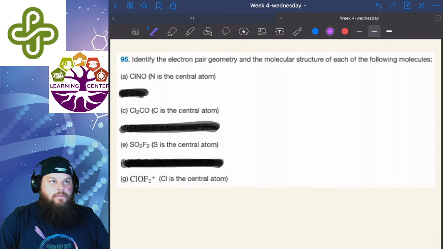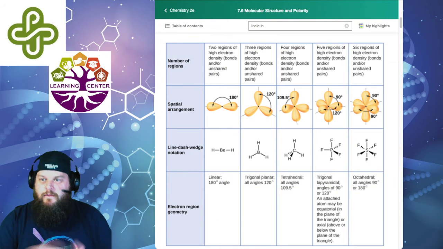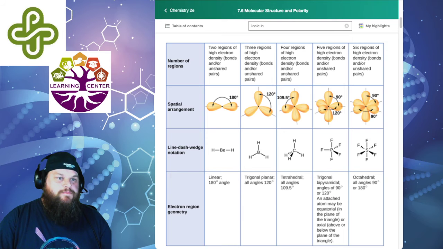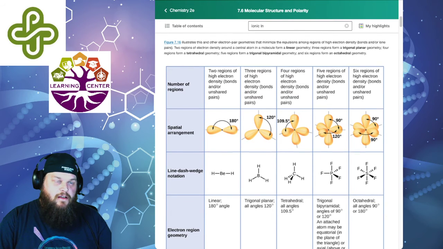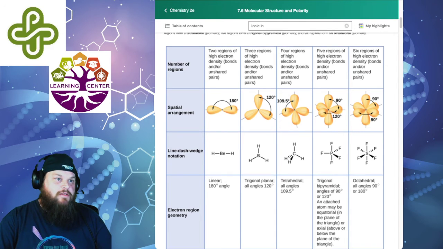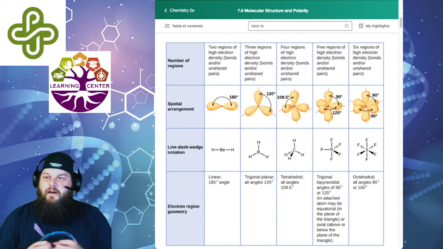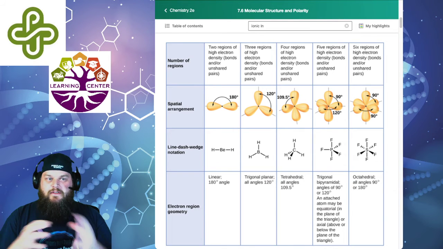I'm going to jump over to a textbook window. There we are. This is one of the nice tables that they have in your textbook, and this is talking about the electron pair geometry. Depending on the bonds and the electrons that they have, your electron densities conform to these different shapes.